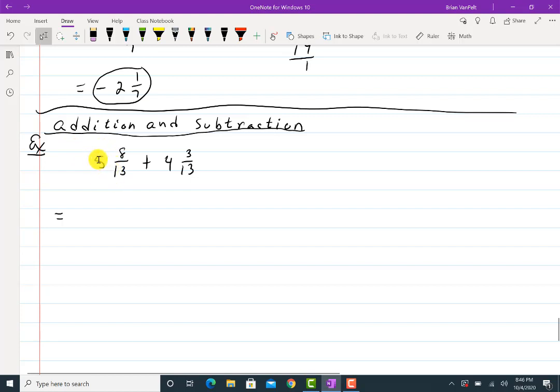I do 5 times 13 is 65, plus 8 more is 73. Do the same over here. 4 times 13 is 52, plus 3 more is 55. So I need to add 73 and 55.